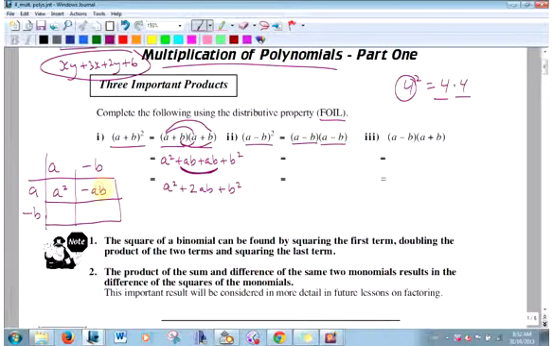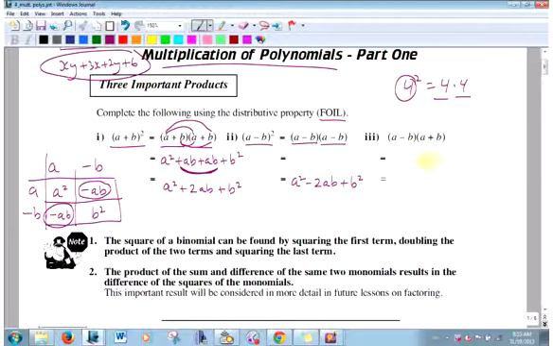Minus ab in alphabetical order. A times minus b? Minus ab. Same thing. And negative b times negative b, what's a negative times a negative? Positive b squared. Okay? So that's a squared. I got minus ab, another minus ab, that's minus 2ab plus b squared. I had 4 terms. You should always check that. It's simplified to 3.